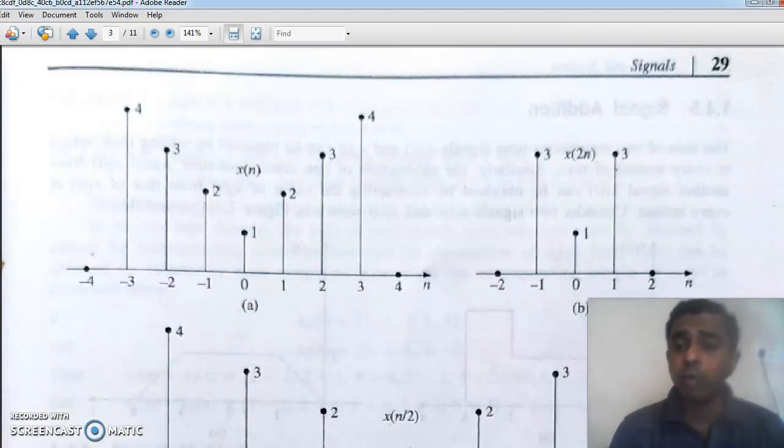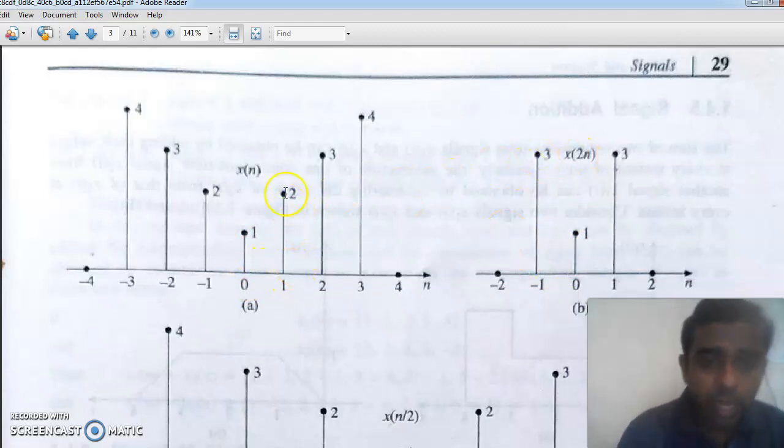Likewise, you can have this for a digital discrete time sequence. So if this is my x of n, then what is x of 2n? What is happening at n equal to 0 will happen here also.